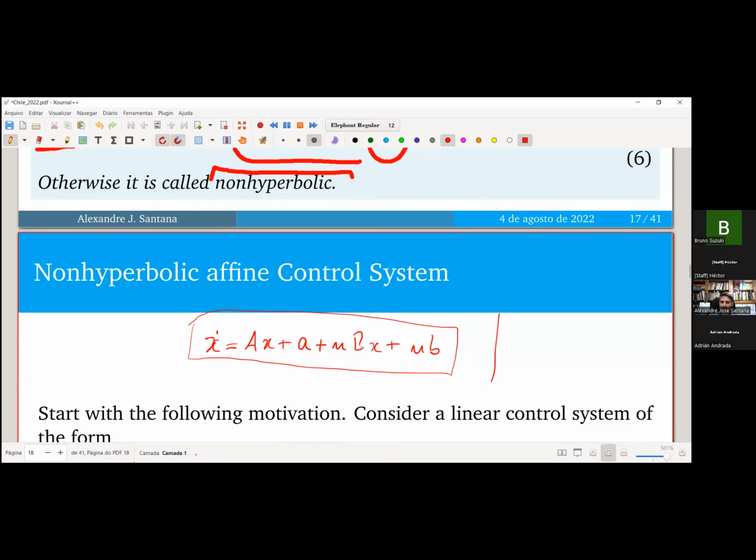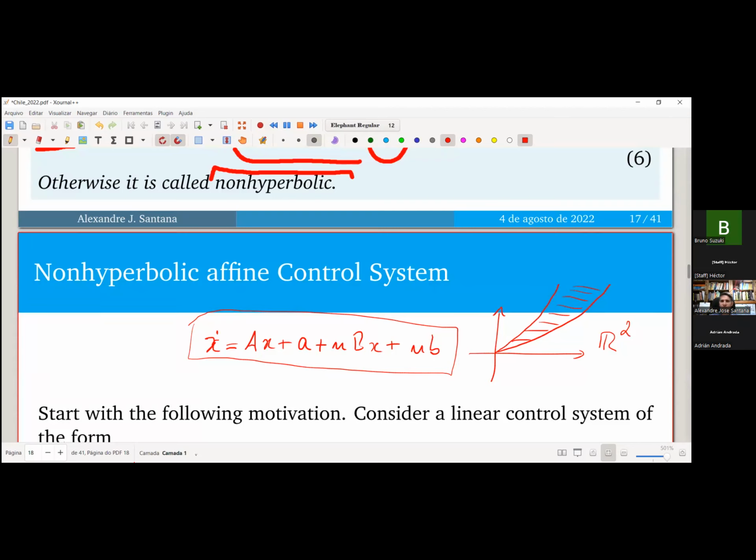For example, if the system is in R2, this kind of property guarantees that the control set here is unbounded, something like that. Then we can replace this definition by this hypothesis here.